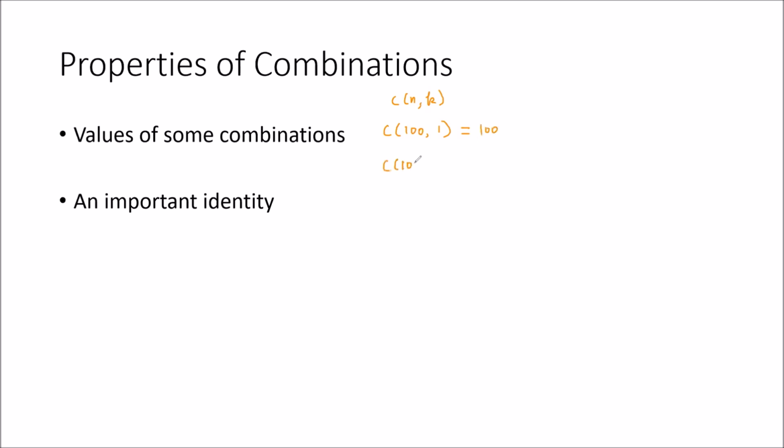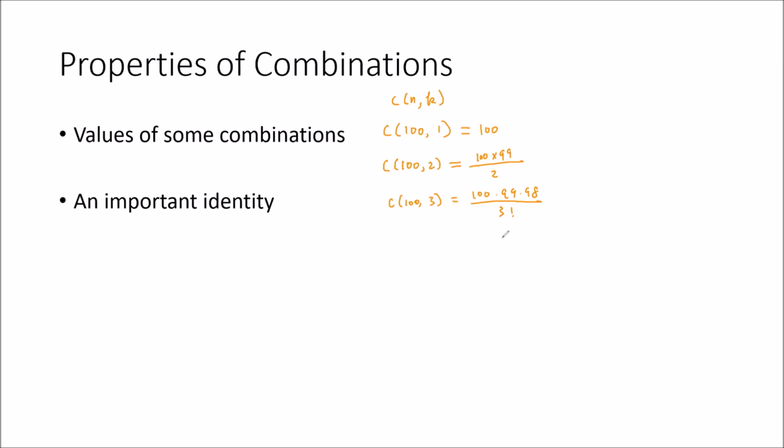There are 100 ways of choosing one person from 100 people. For C(100, 2), usually we calculate 100 times 99, that's the permutation, divided by 2 factorial. And C(100, 3), we can do similar things: multiply, and then divide by 3 factorial.